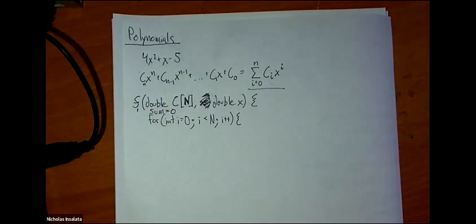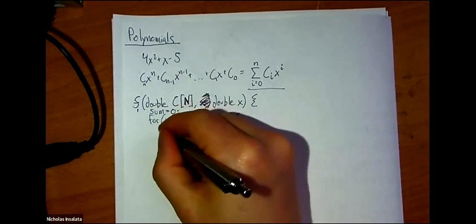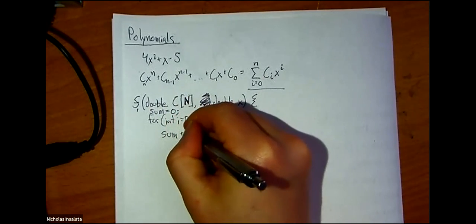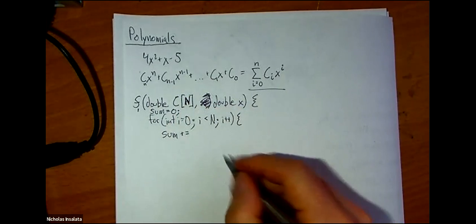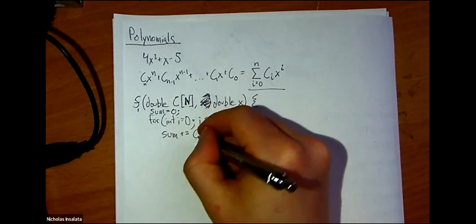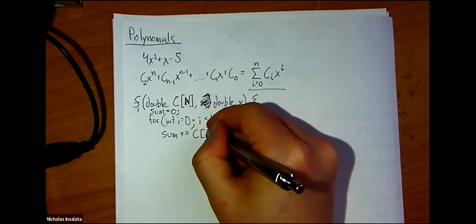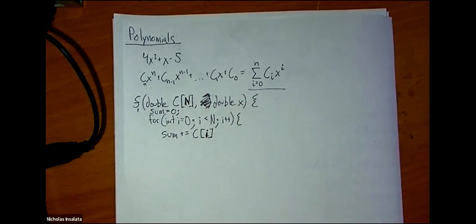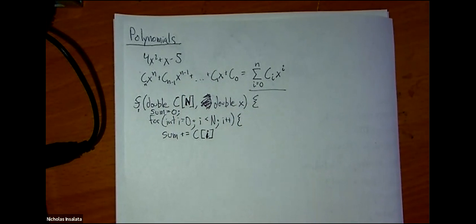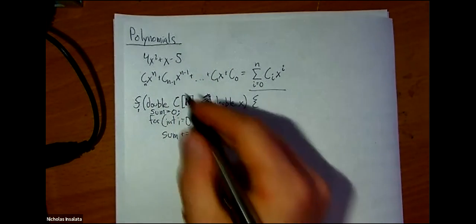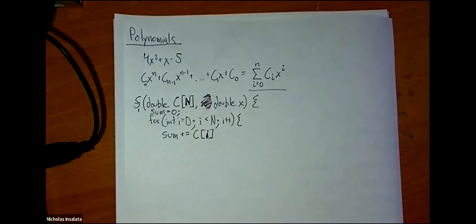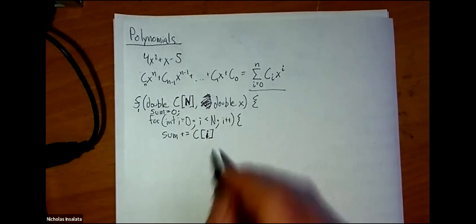Put that up there. And my sum, as you said, plus equals c of i. Let's not do a curvy i. Let me keep my handwriting consistent here. c of i times x, and then the sum is declared outside the for. Oh yeah, that should be outside the for loop. Yep, which it is. Yep. c of i times x.